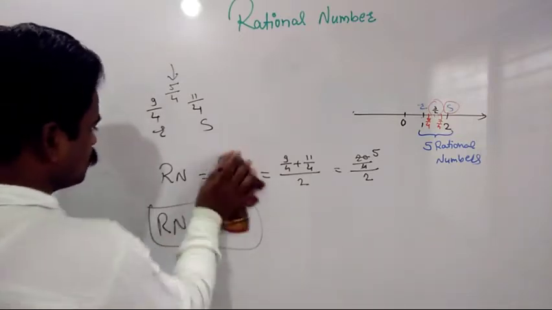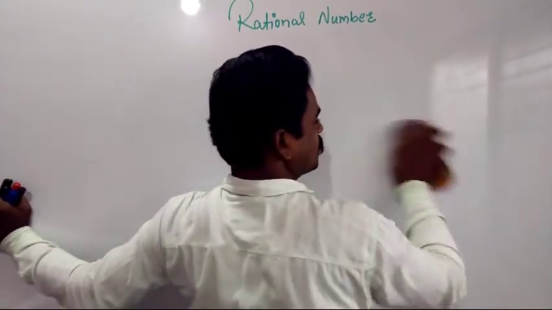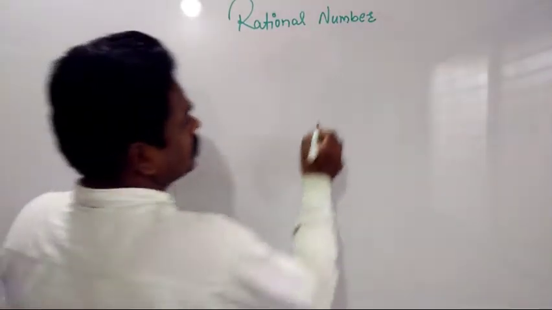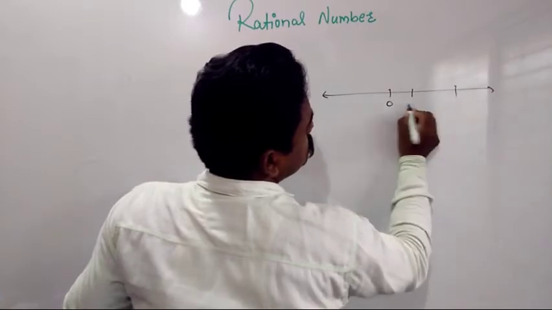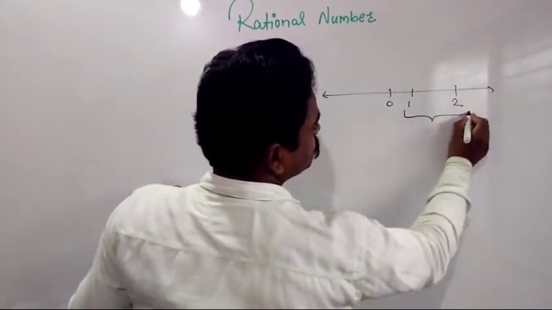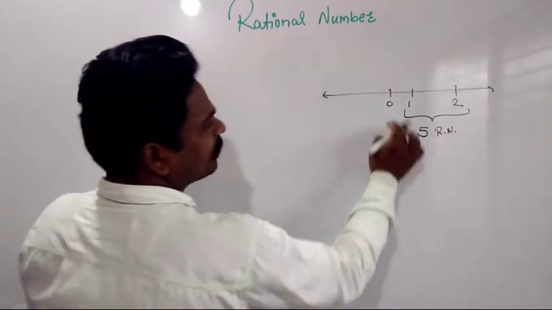Now, let's move towards the second method. Second method is what? Same question is there. Suppose this is 0, this is 1, this is 2. We need to find 5 rational numbers in between 1 and 2.